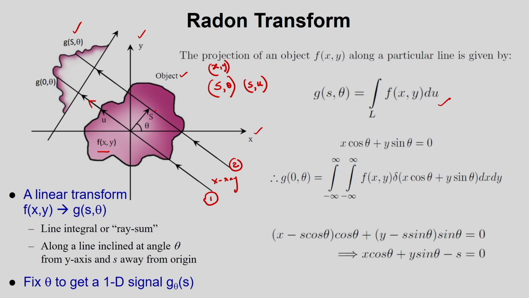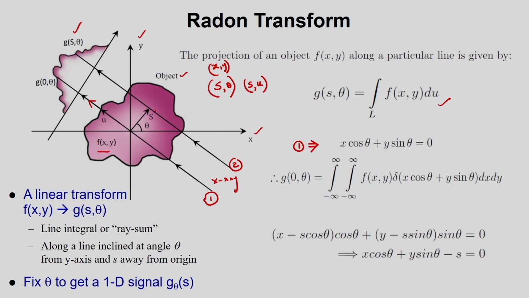Now, the concept of the Radon transform is like this: the value of the 2D function at an arbitrary point is uniquely obtained by the integrals along the lines of all directions passing through the point. So in this case I am considering the line integral. Now, what is the equation of the line? Suppose the line is number 1. The equation of line number 1 is x cos theta plus y sin theta equals 0.